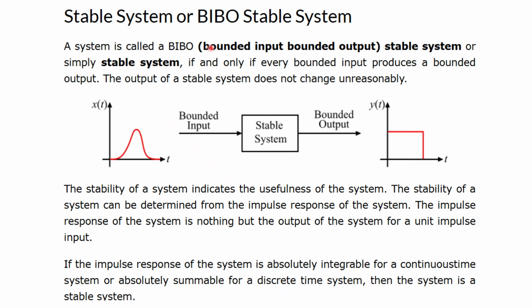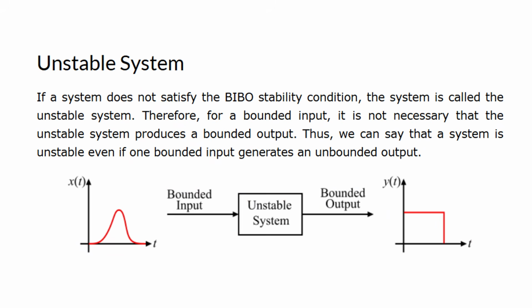Next is BIBO, that is the bounded input bounded output type of system. If you give a bounded input and the output is also bounded, it is called a bounded input bounded output system. If it is not, that is an unstable system, right? If a system does not satisfy the BIBO condition, the system is called unstable, right?